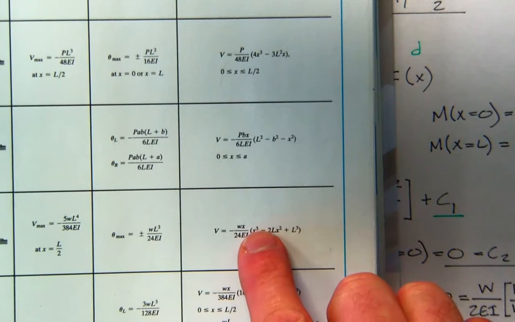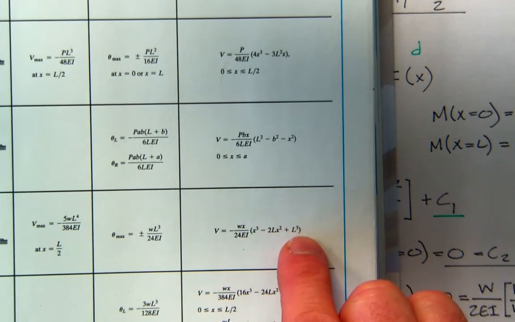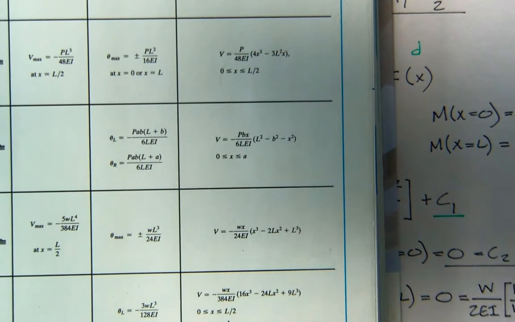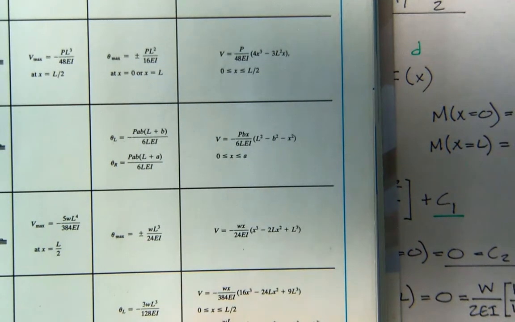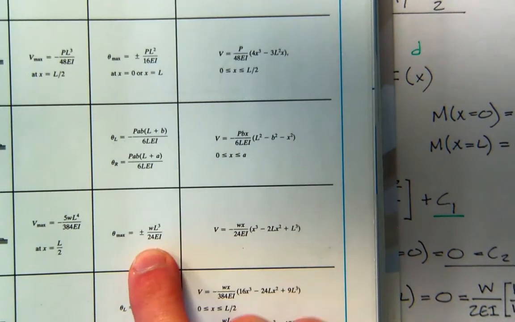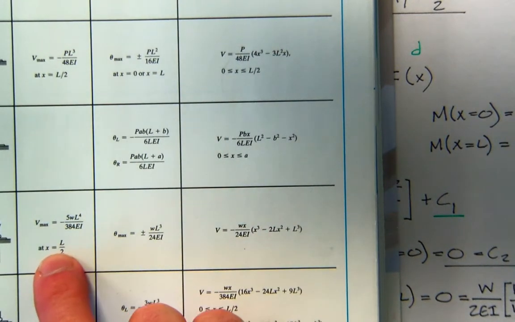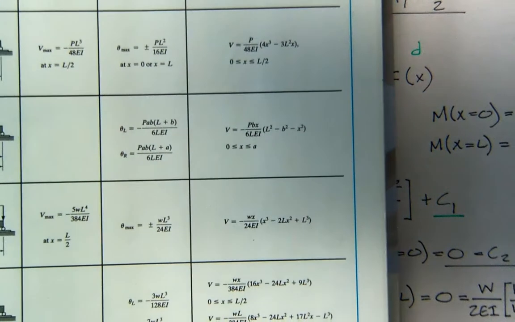So again, you can see there's the cubic nature of it, and there's that constant. That's the C2 term, and again, over a constant. They went ahead and found what the maximum value of the displacement is, because they found that the slope at L over 2. Okay?